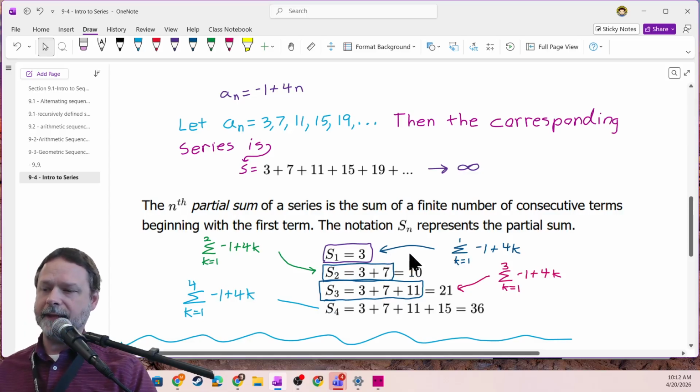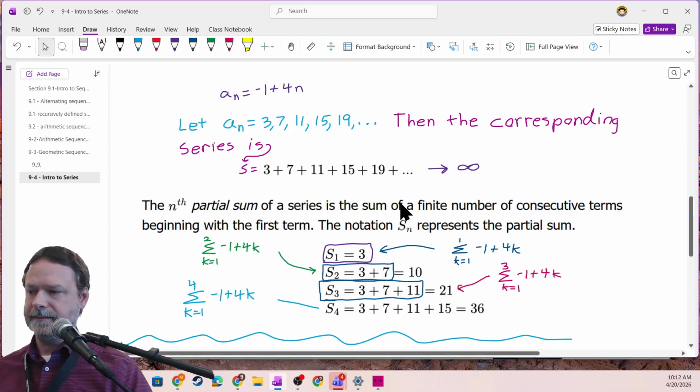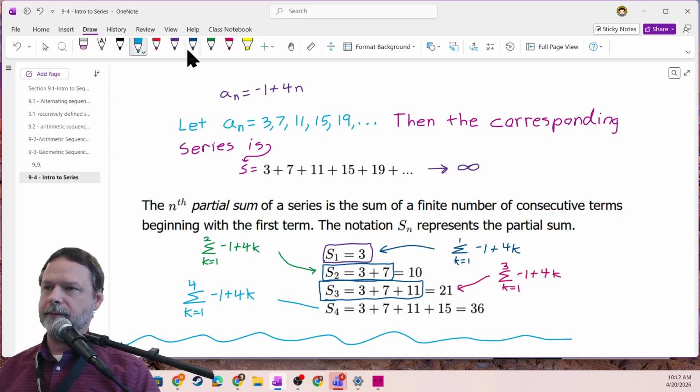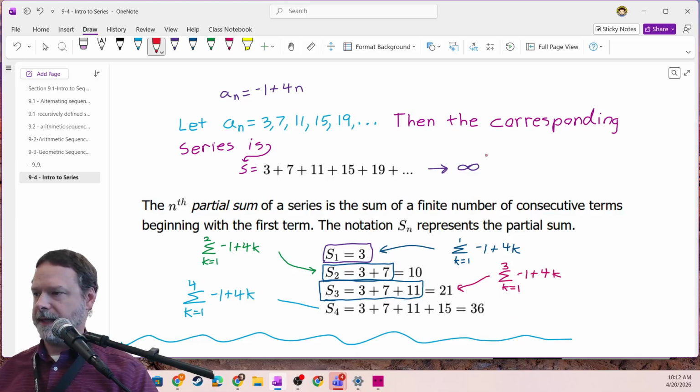And then if I wanted to write the infinite one, it's kind of a weird way to do it, but we would write it as the limit, since we're real particular about this, as n approaches infinity of the sum of negative 1 plus 4k as k equals 1 to n.